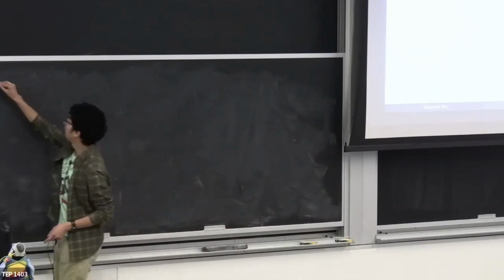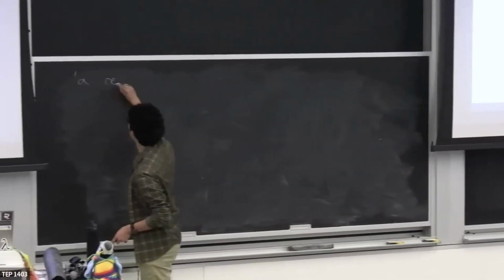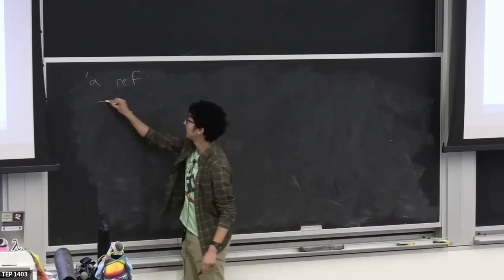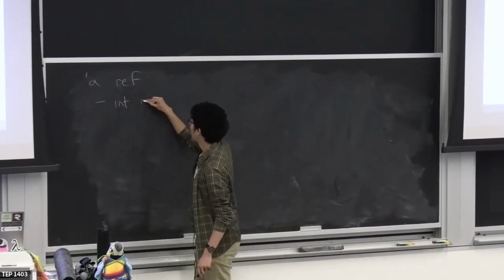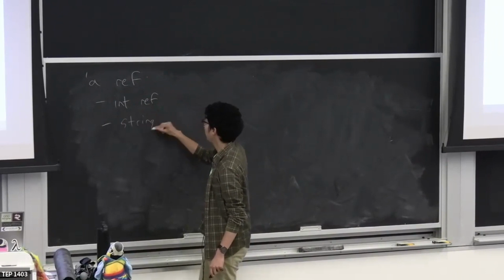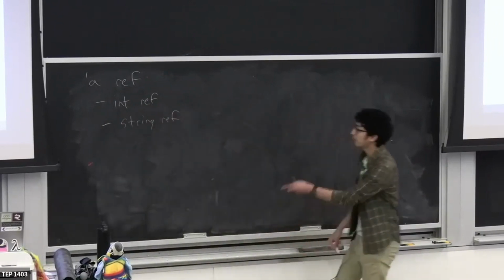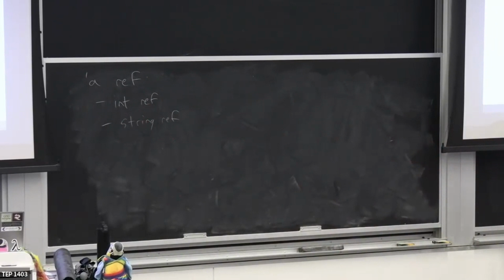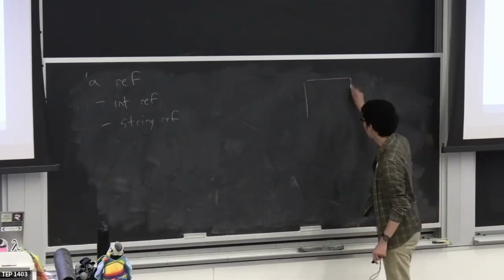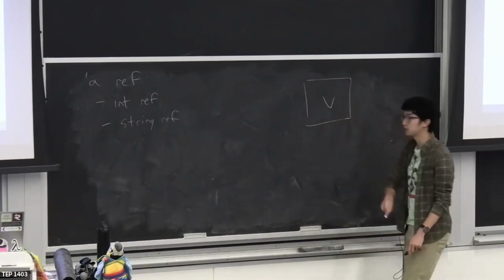So in fact, you can say that alpha ref is a type. And this has concrete instances as int ref and string ref and so on and so forth. And the idea behind a type of T ref is that it is a box that contains a value of type T. So when you ask me what is a T ref, that's what it is.